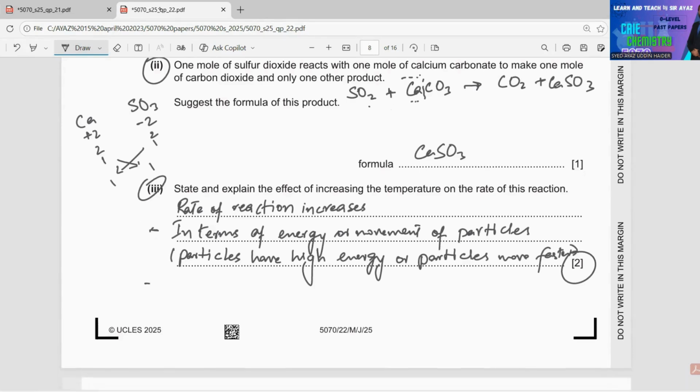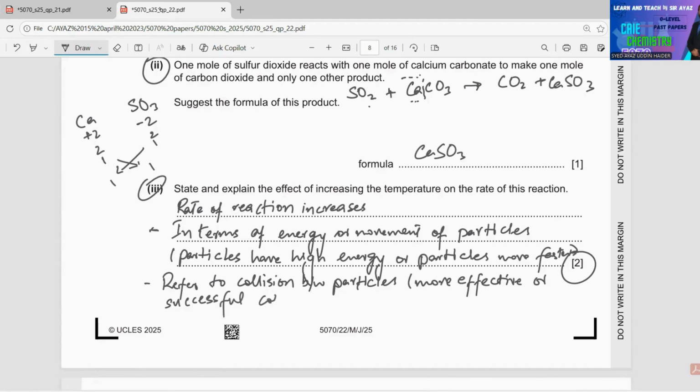Other statement, what you have to do, refer to the collision. In terms of collision between particles, what are you going to write? You will write more effective or successful collisions.